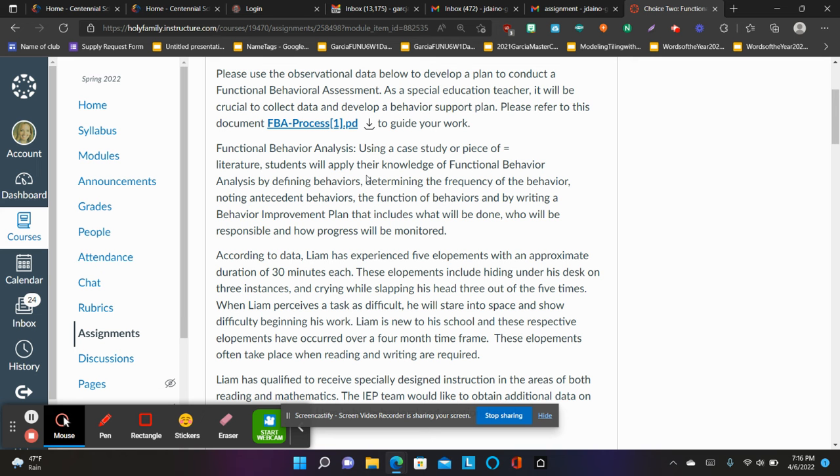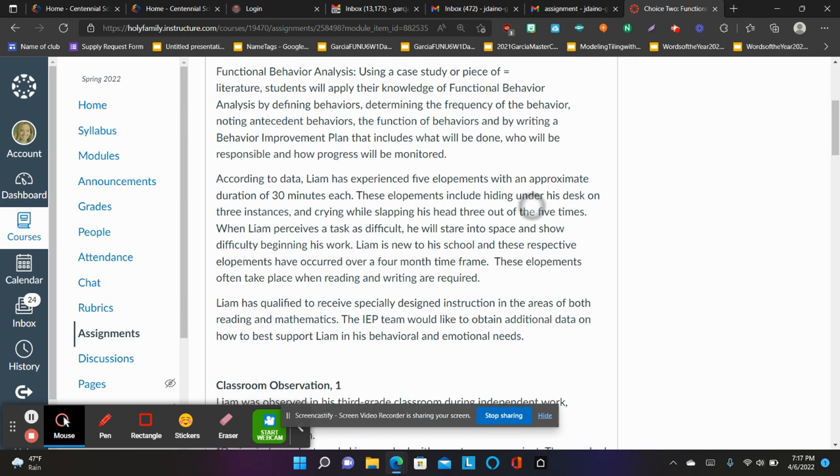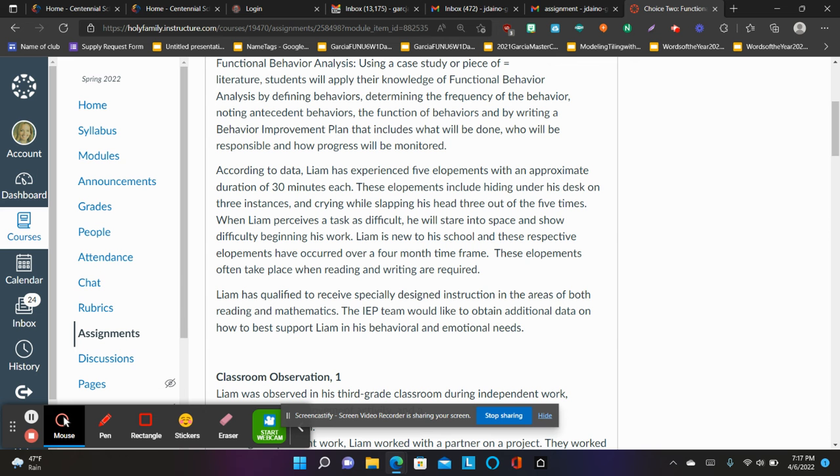As we know, that is what happens and what occurs before an observable behavior, the triggers, the setting, the function of behaviors, and by writing a behavior improvement plan that includes what will be done, who will be responsible, and how progress will be monitored. So here is the case study pertaining to your FBA.